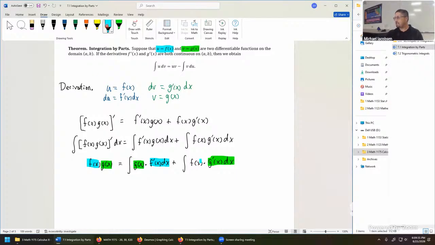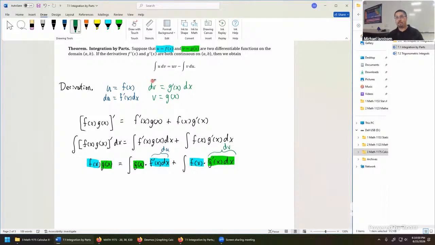But notice where you see f prime of x dx, you go up to this table here. That's just another way to say du. So this whole piece is du. Likewise, where you see the g prime at x dx, there's an abbreviation for that through this equation. Through the equality, we can just call g prime at x dx a dv.